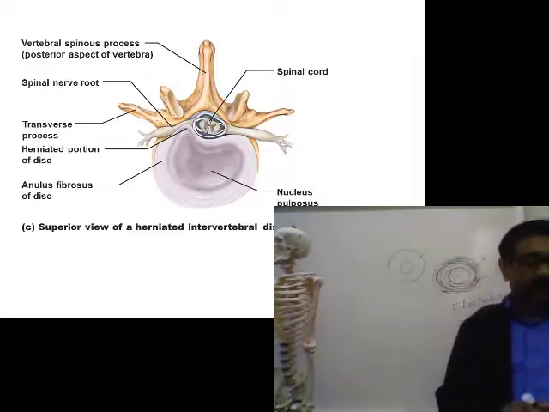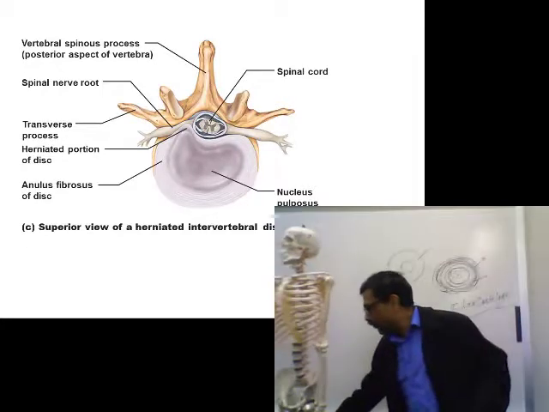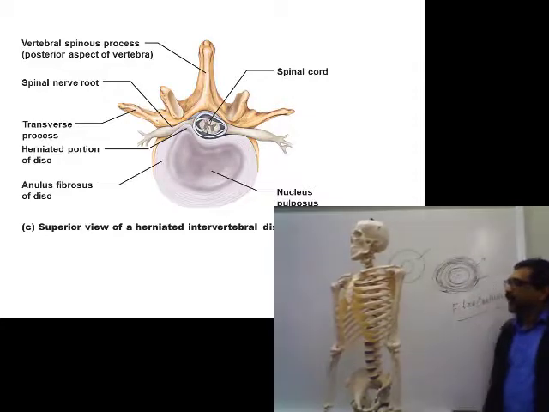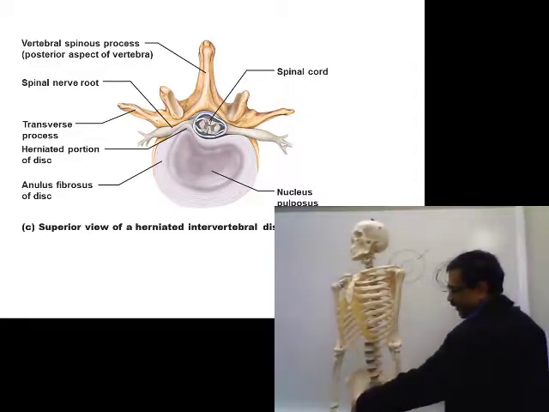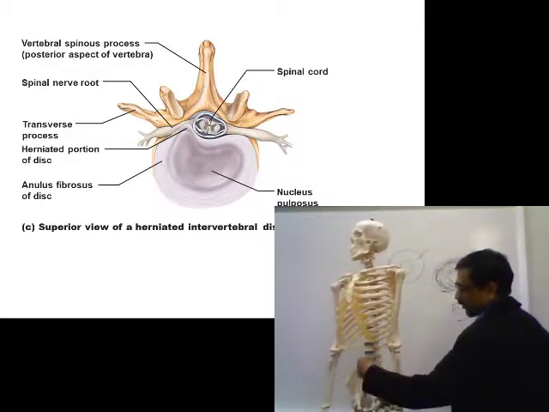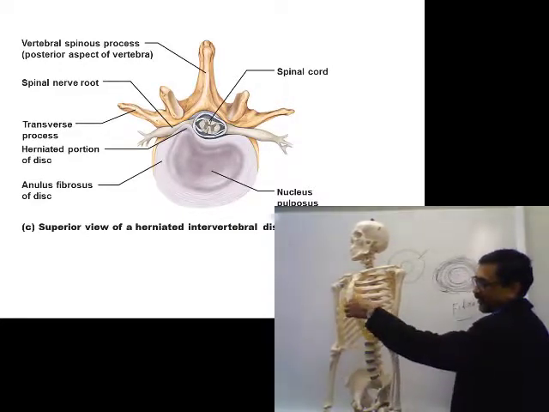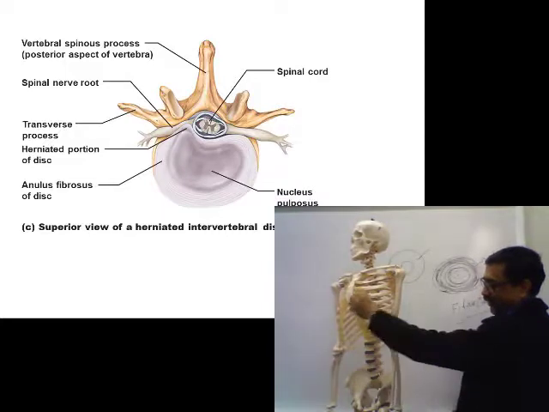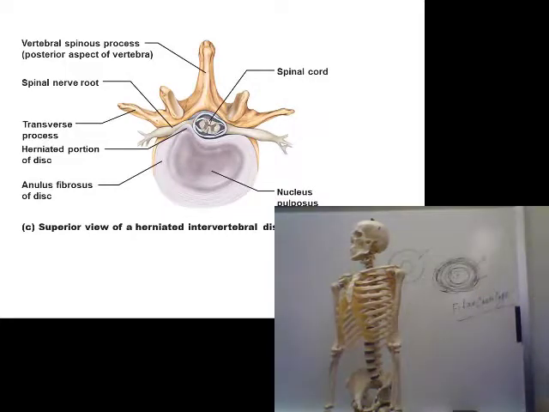Another fibrocartilage is here, the pubic symphysis. So that's why you see the same color, shown by the same color. This cartilage is hyaline, that's why it's shown in a different color. Okay, so that's the intervertebral disc.